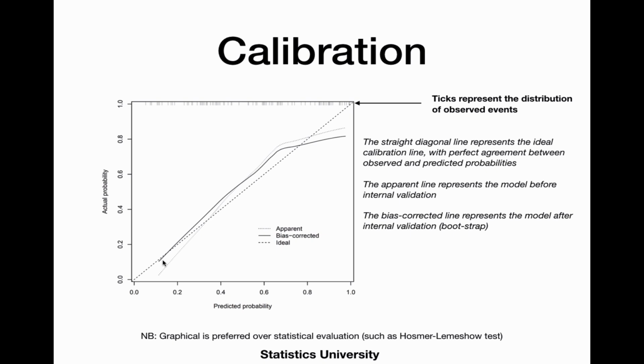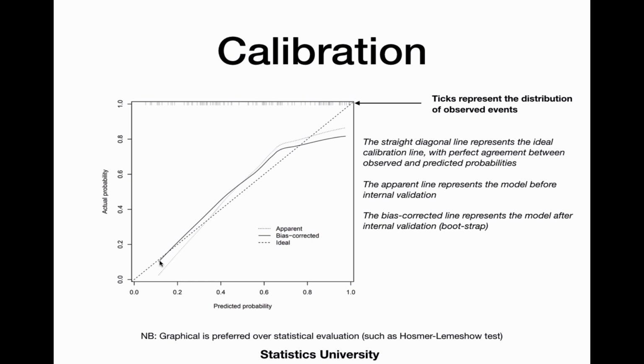But let's just say, for the purposes of explaining a point, that this line is an example of a less than optimal calibration, where in the lower predicted probability range, the model predicts a higher probability than observed, and in the higher range, the model predicts a lower probability than observed.